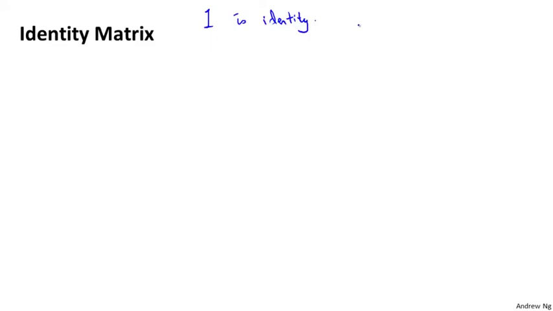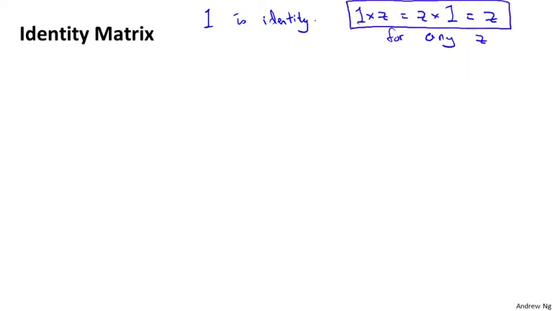What I mean by that is that for any number z, the number 1 times z is equal to z times 1, and that's just equal to the number z, for any real number z. So 1 is the identity operation and satisfies this equation.